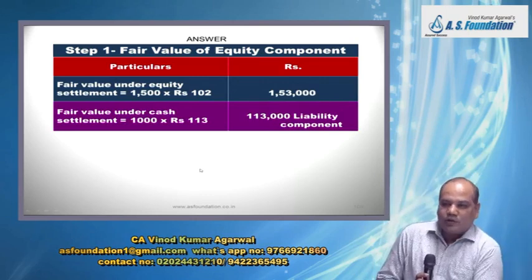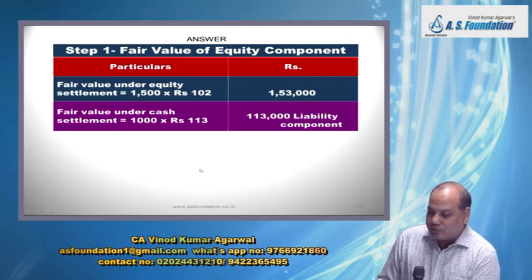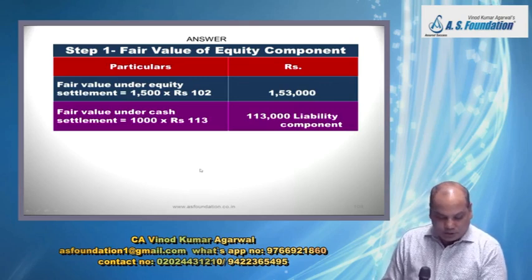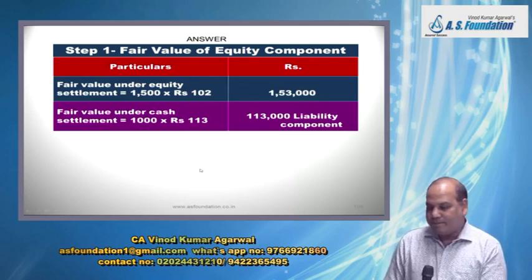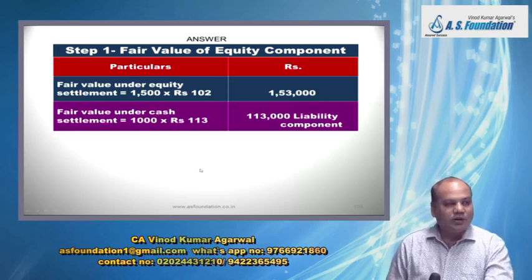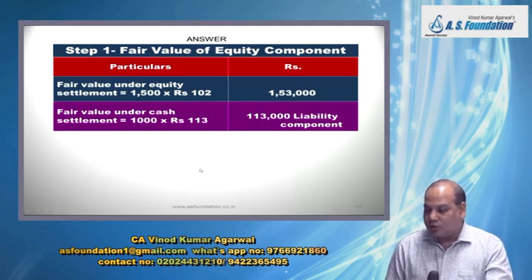Then you take 1000 shares and take the share price without restriction, 113. So today the fair value of your liability is 1,13,000. And the whole instrument fair value is 1,53,000.